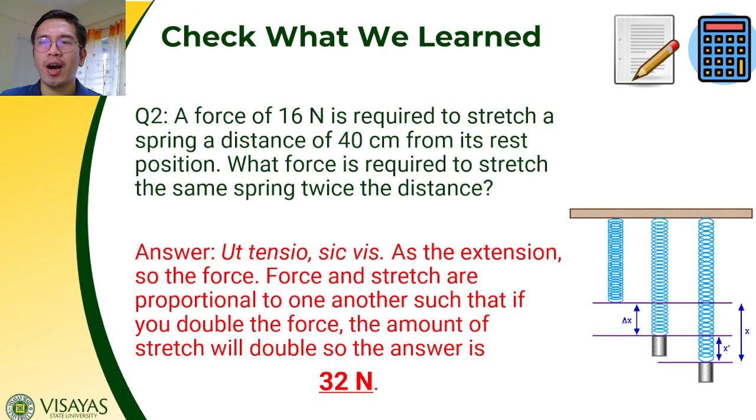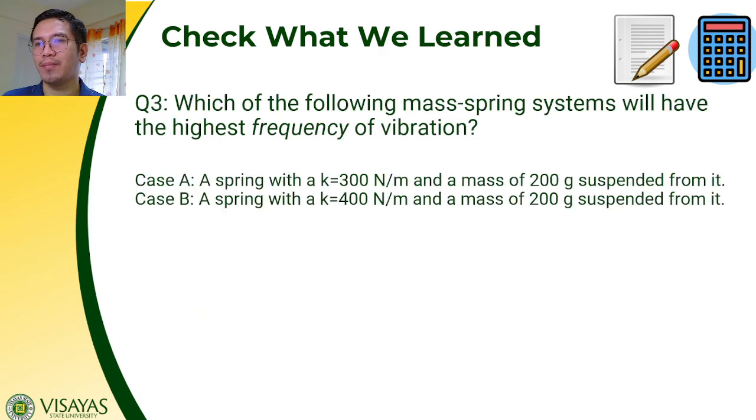Force and stretch are directly proportional to one another, such that if you double the force, the amount of stretch will double. So the answer is 32. In our long exam, please make sure that you write the given, the required, before you write the solution for our problem solving exams.